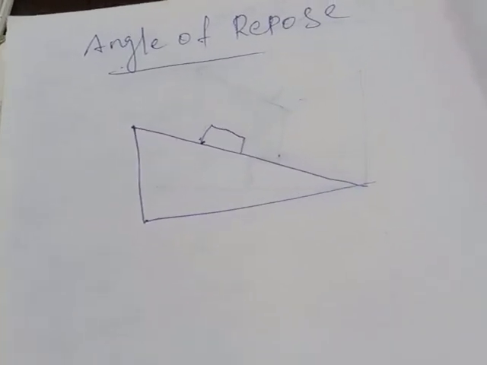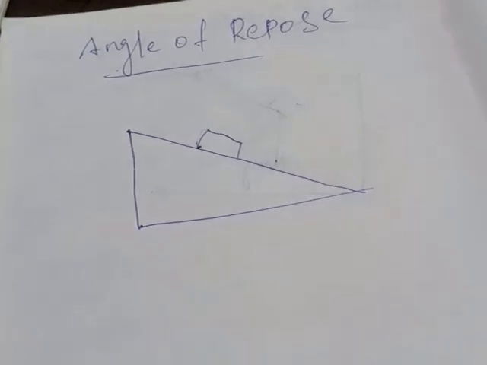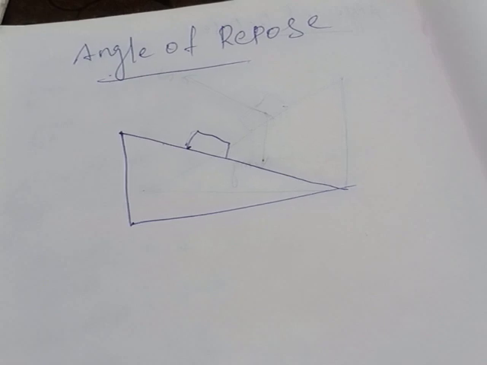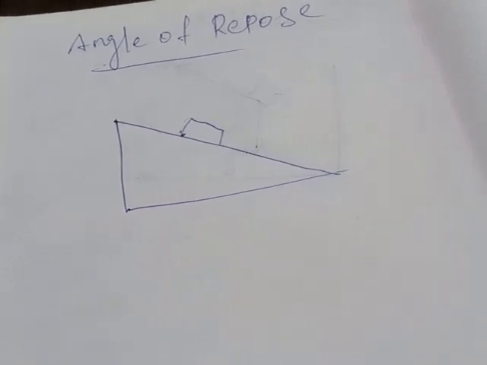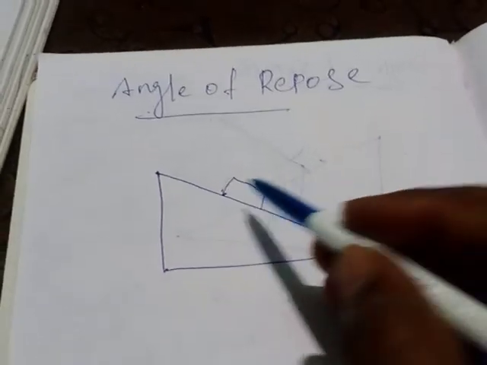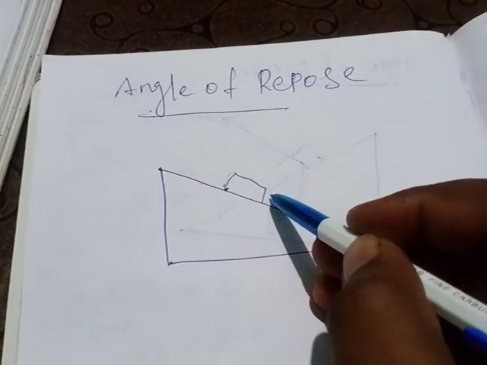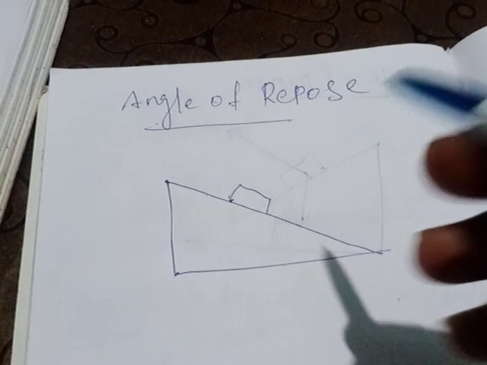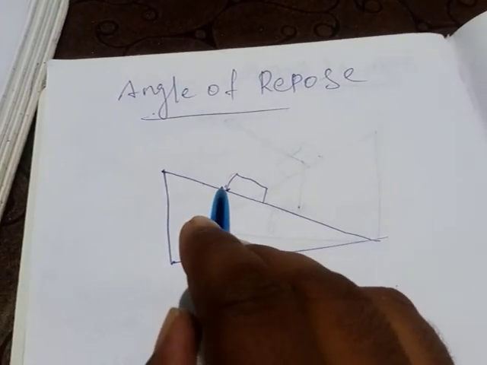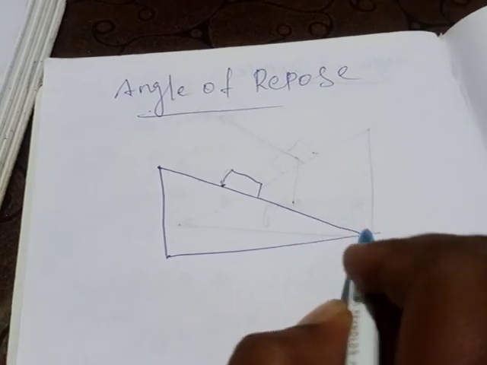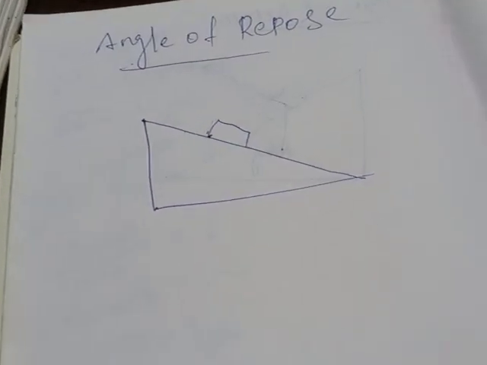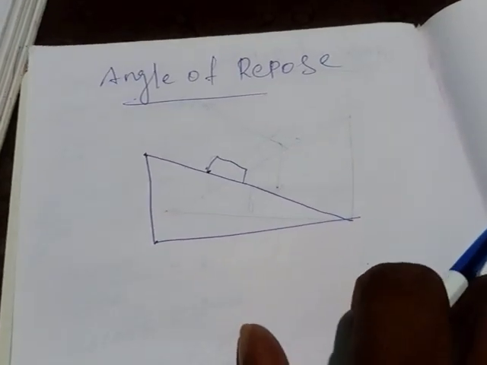So we can define it this way: the angle of repose is the angle of the inclined plane with the horizontal at which an object placed on it begins to slide. When we keep an object on this inclined plane, the angle at which it starts to slide over the plane is the angle of repose.